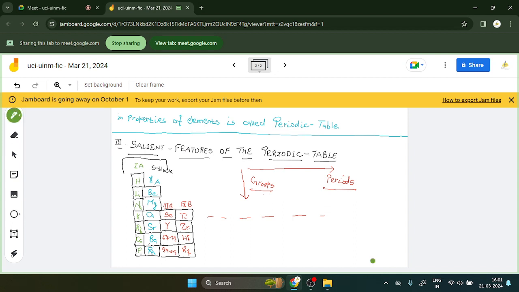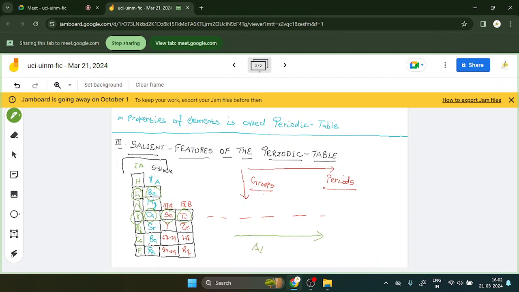This is atomic number 1 hydrogen, atomic number 2 helium, atomic number 3 lithium, then atomic number 4 beryllium, right? Now look here, atomic number 19 potassium, then atomic number 20 calcium, 21 scandium, 22 titanium, which means along the period atomic number is increasing.